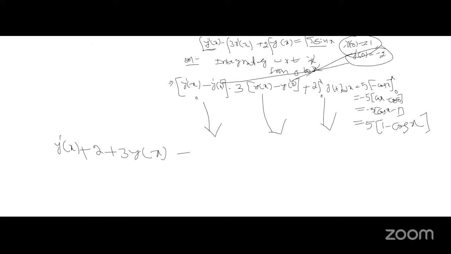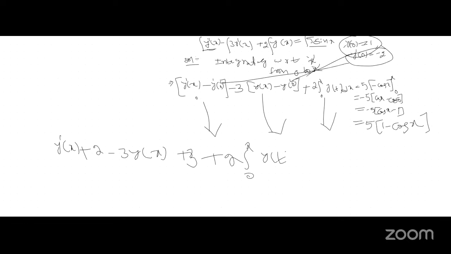So this becomes minus 3 and plus 3 plus 2 into integral 0 to x y of t dt.